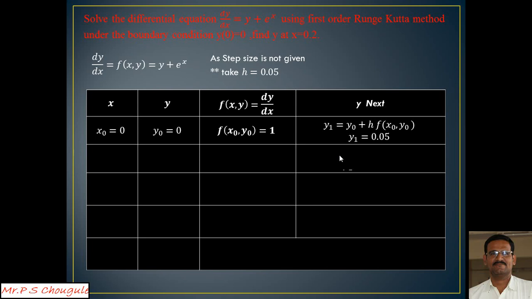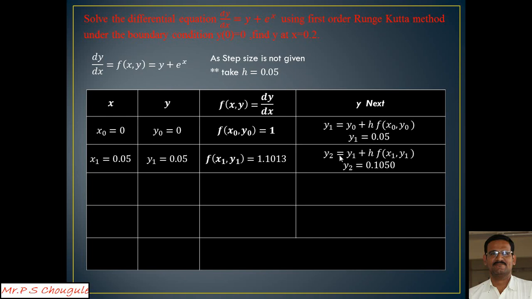Now the value of x1, which is x0 plus h, is equal to 0.05. y1, which we have calculated, I will take as it is, 0.05, and by putting these two values in our function, we will get the value f of x1, y1.